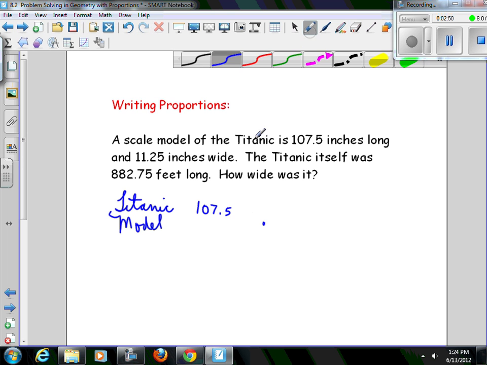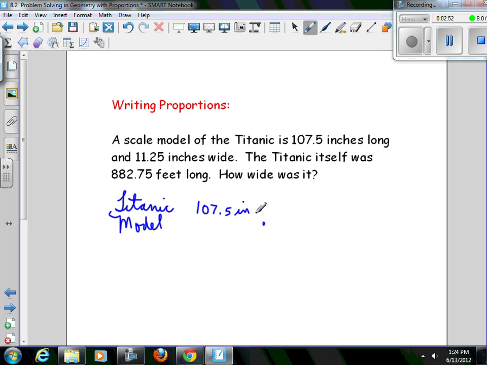Let me actually put in the units. Okay, that's your length. And your width is 11.25 inches in width. Okay, so that's your model.